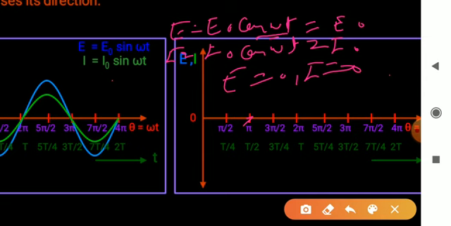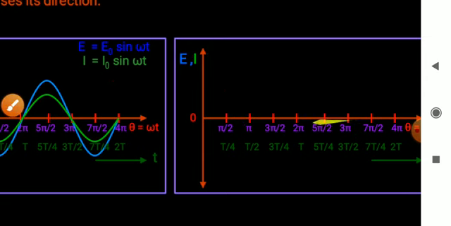Okay, so let's draw the graph of E and I as a cosine function.